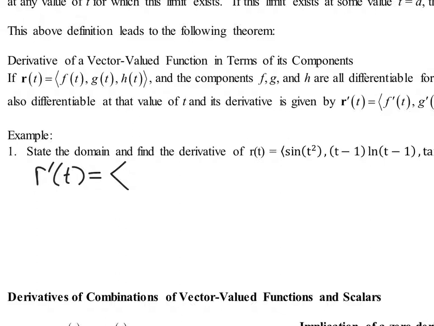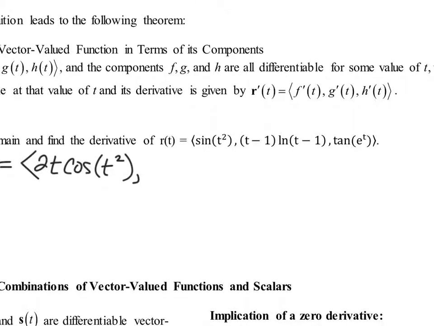So the derivative is just the derivative of each part. So sine of t squared, chain rule, is going to be sine becomes cosine, so cosine t squared times 2t. So 2t cosine t squared. So that's that guy.